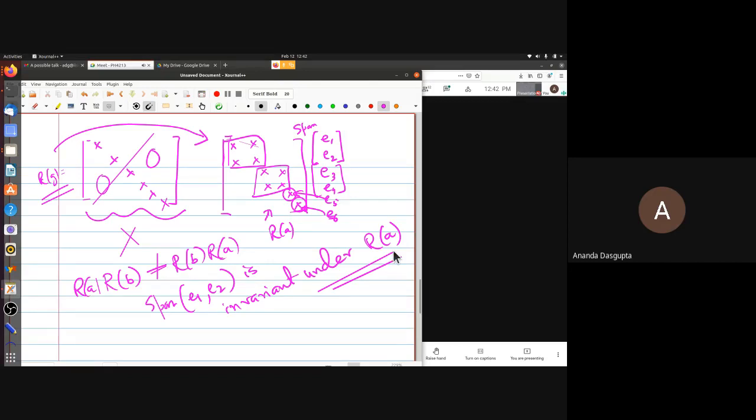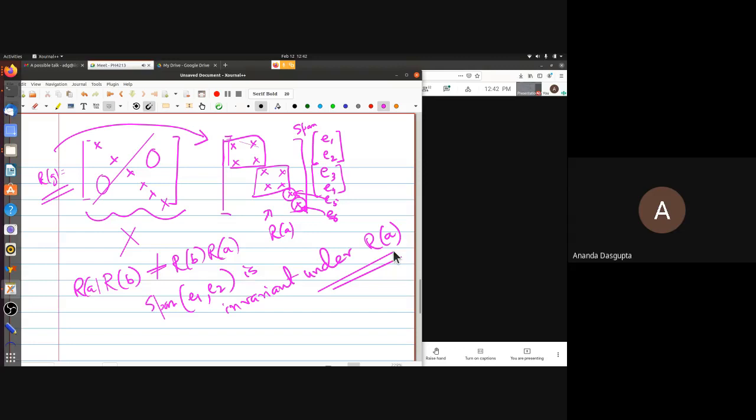You are not going outside that. Clear? Similarly, the span of E3, E4 is invariant. The one-dimensional subspaces spanned by E5 and E6 are also invariant.